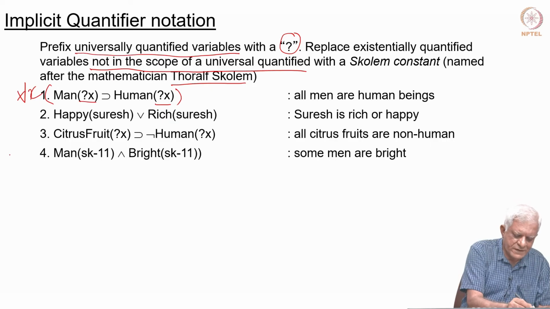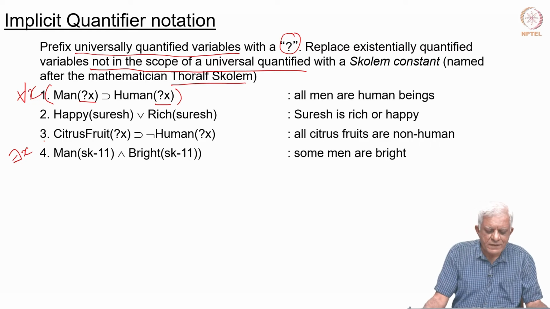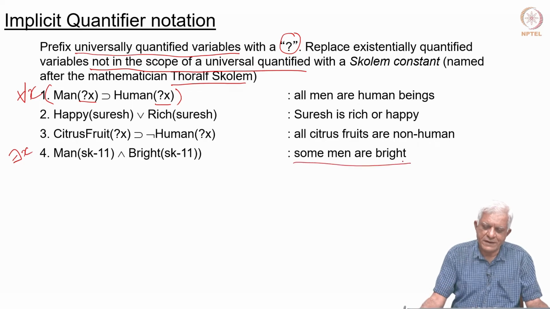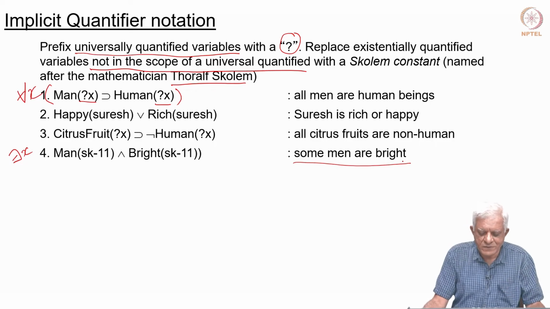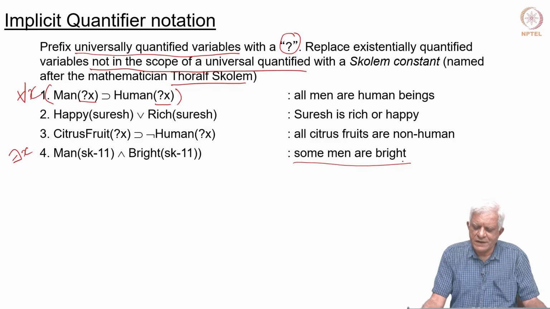In the fourth sentence there was an existentially quantified variable. Remember, we said that there exists an x such that man x and bright x, and we had said that this is the correct way of writing that some men are bright. Using an implication sign would not be correct, and you should think about that. Try to negate it: if you have a sentence like some men are bright, what is the negation?